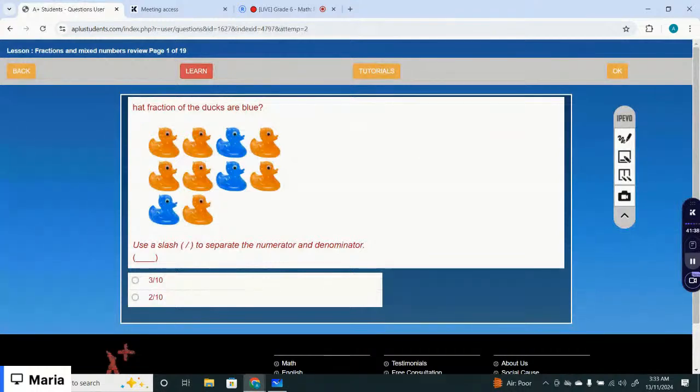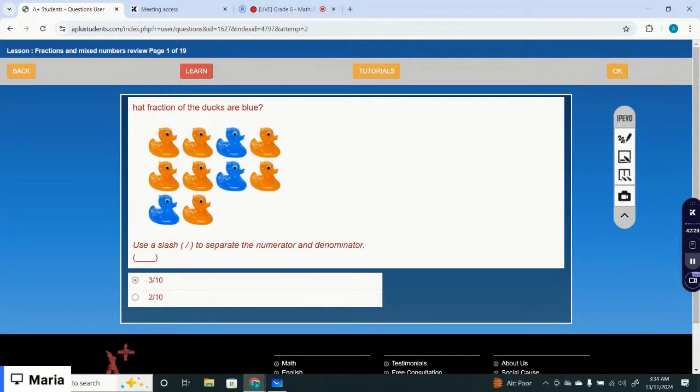What fraction of the ducks are blue? Which is the correct option? You have three ducks that are blue, and out of the total are 10.